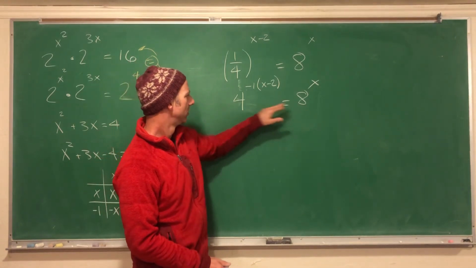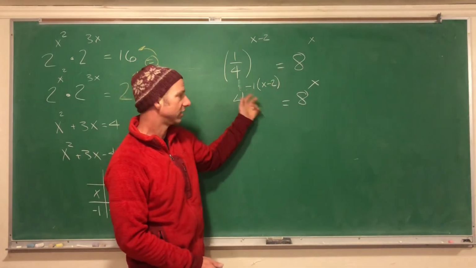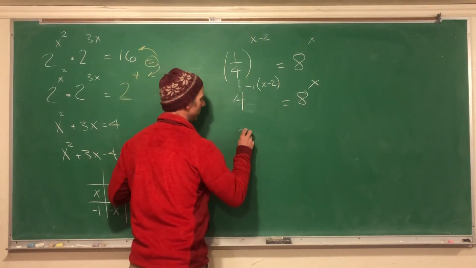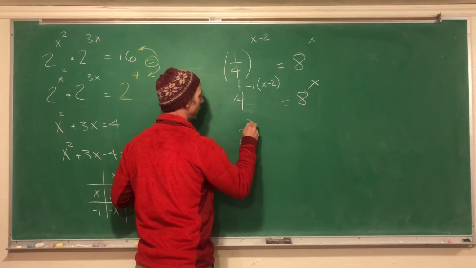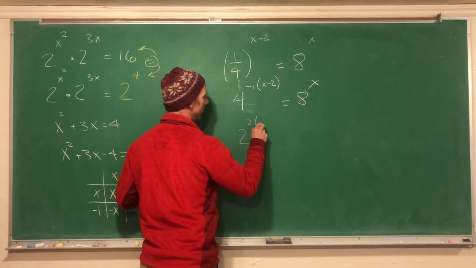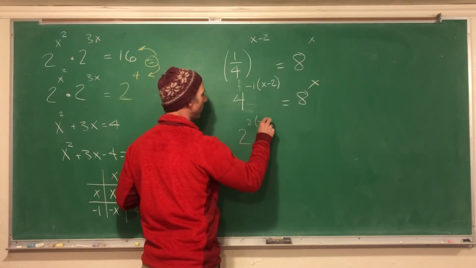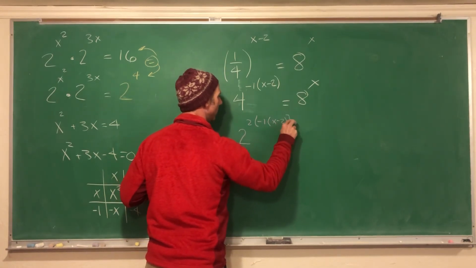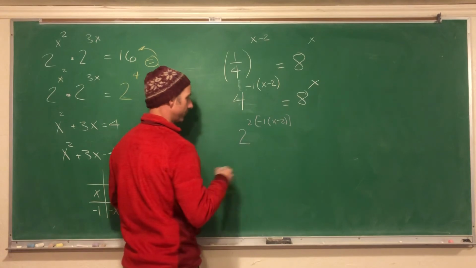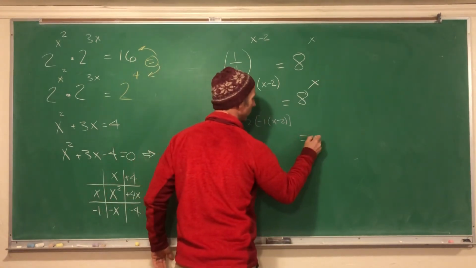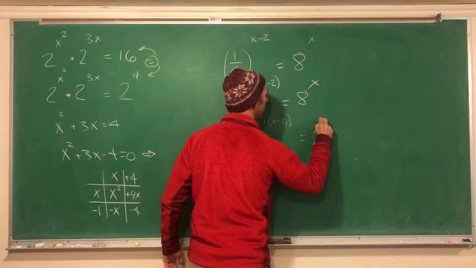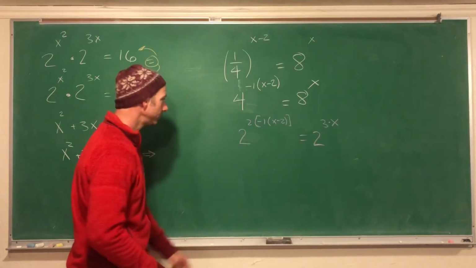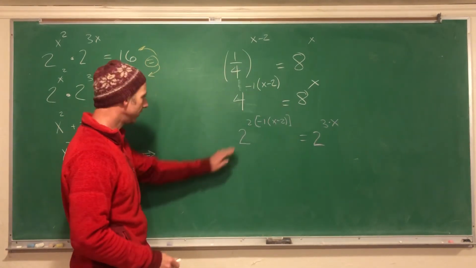I can't really go up, but I can further decompose them down. How about this? 2 squared, because 2 squared is 4. That's going to then be 2 to the -1 times x minus 2 equals 2 cubed times x. A little ugly, but it's doable.